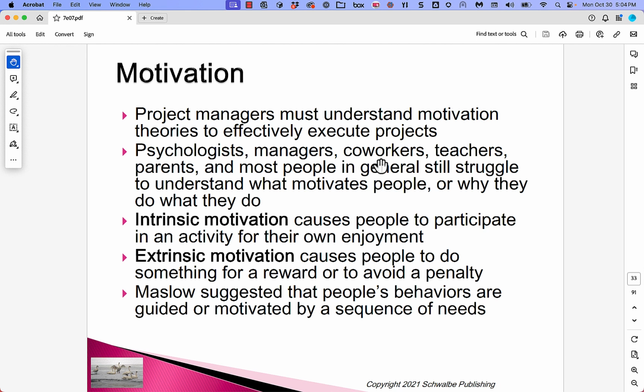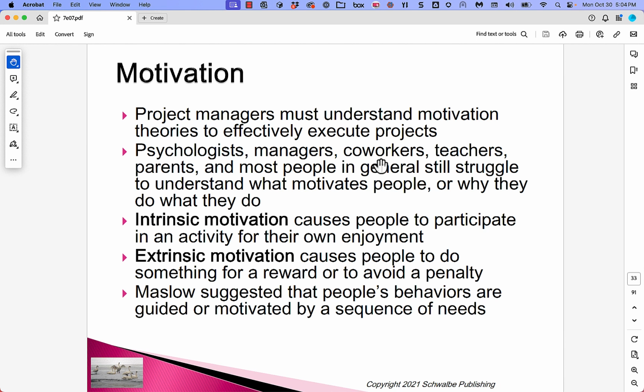Now, I would probably word that slightly different. Project managers must have expectations or set expectations in a way that is consistent with motivational theories in order to be effective when they're executing projects.